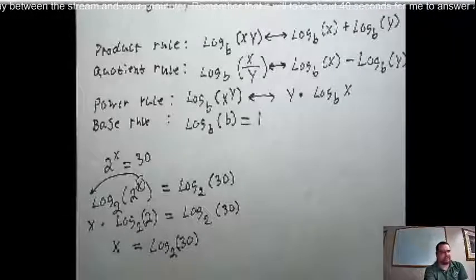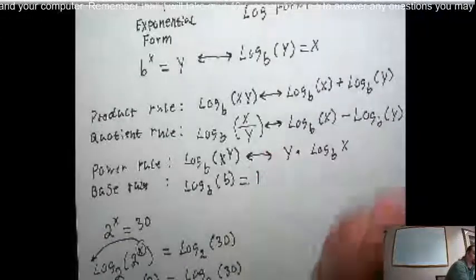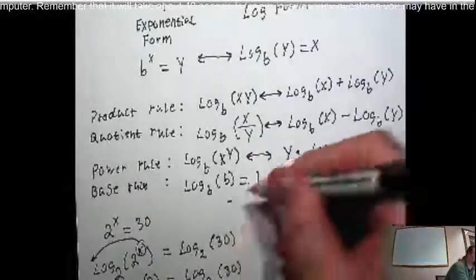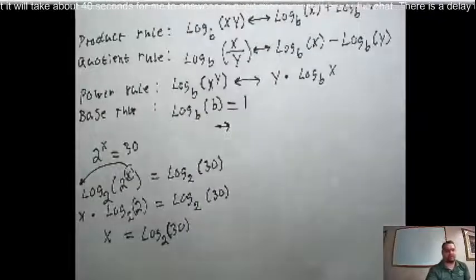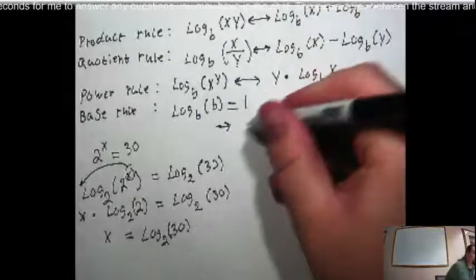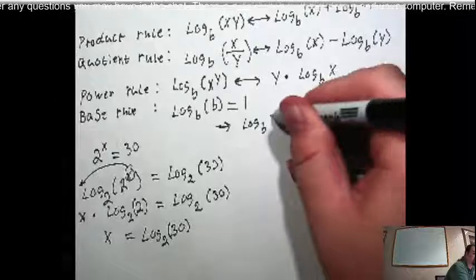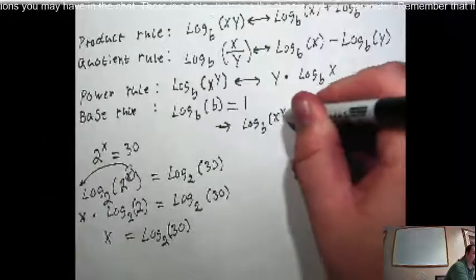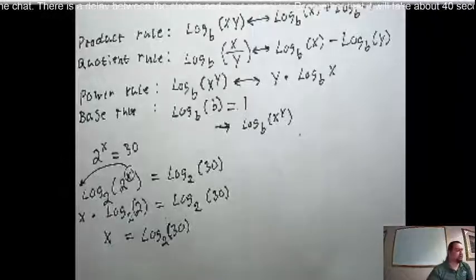Another way to think about the base rule is that if we have log base b of x to the y, so this is also the power rule that we're really thinking about here.